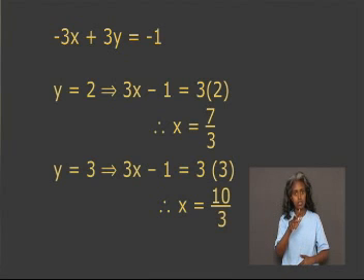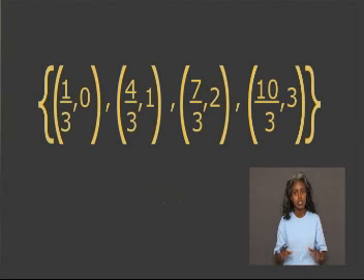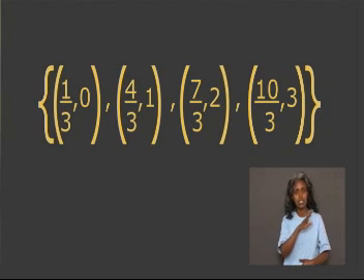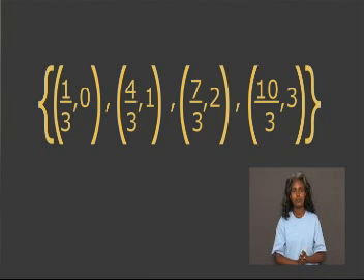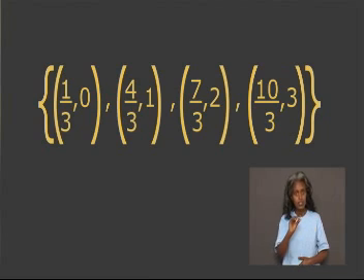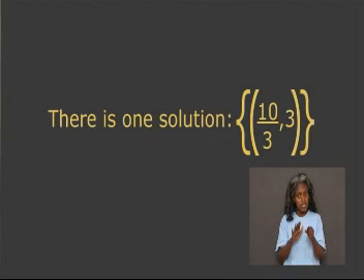Where y equals 3, x is 10/3. The ordered pairs are (1/3, 0), (4/3, 1), (7/3, 2), and (10/3, 3). Since the ordered pair (10/3, 3) satisfies both equations, there is one solution to this system of equations.